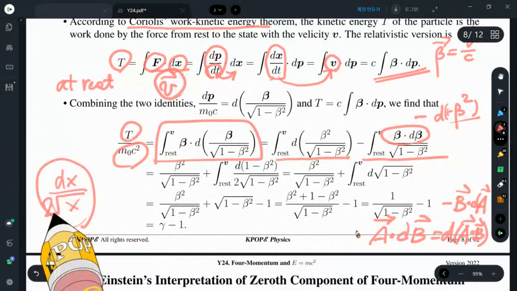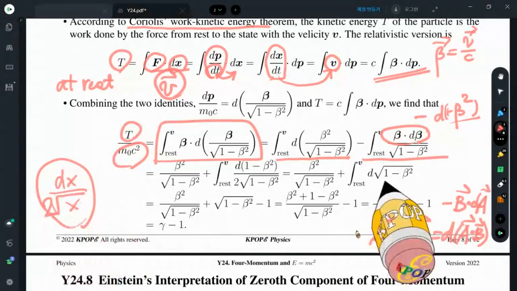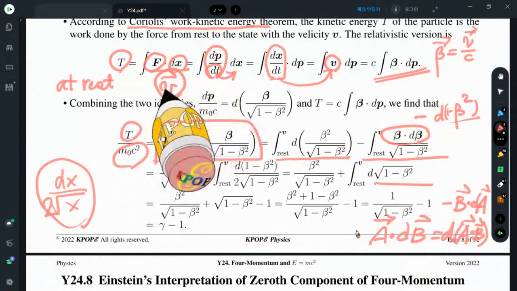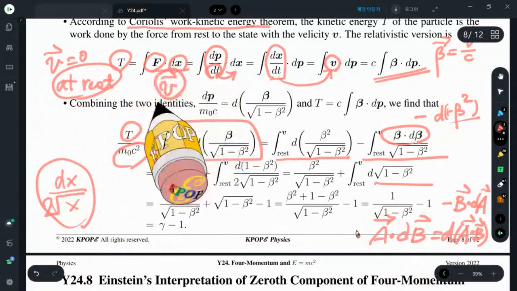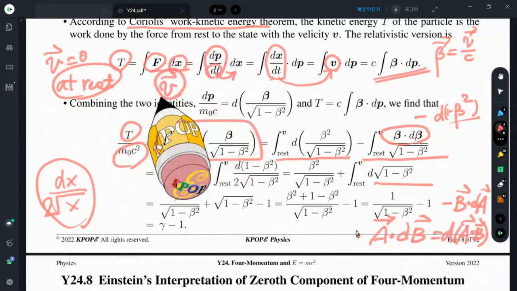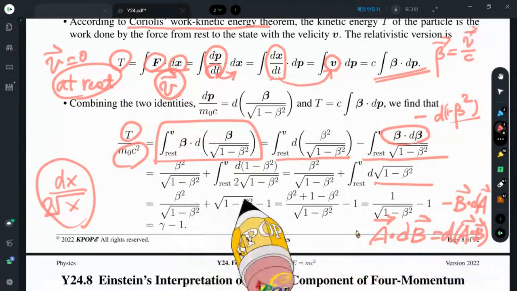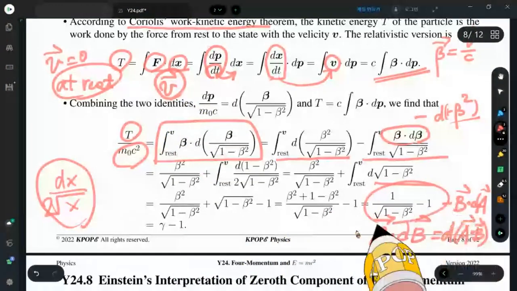This is a square root derivative. Therefore, we have completed this integral from rest, v equals 0, to a state with a constant, finite value of velocity. As a result, simple algebra will lead to this result.